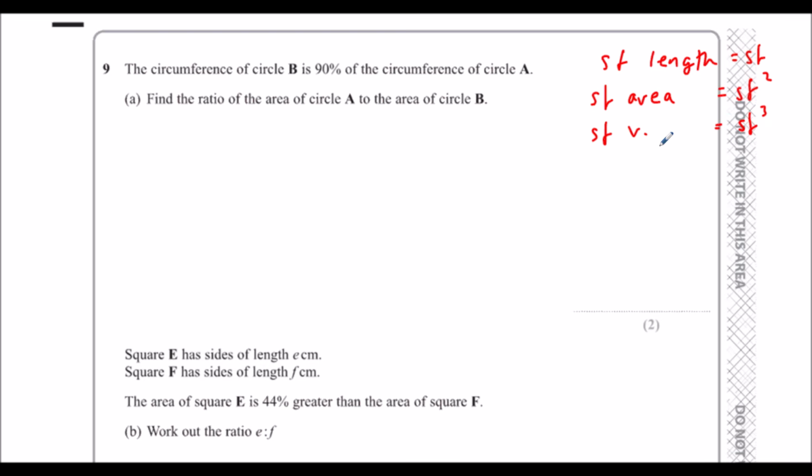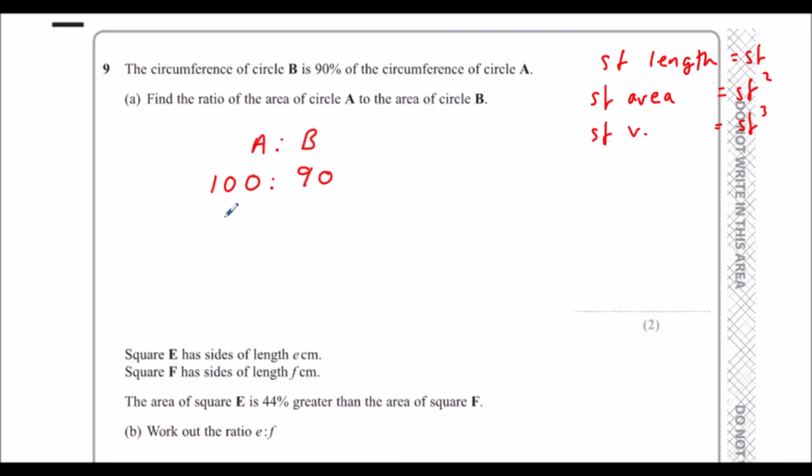So here we're given the length, the circumference is a length, and circumference of B is 90% of the circumference of A. Find the ratio of the area of A to the area of B. So we've got A and B. We want it as a ratio. The circumference of B is 90% of the circumference of A. So if A is 100%, B is 90%.